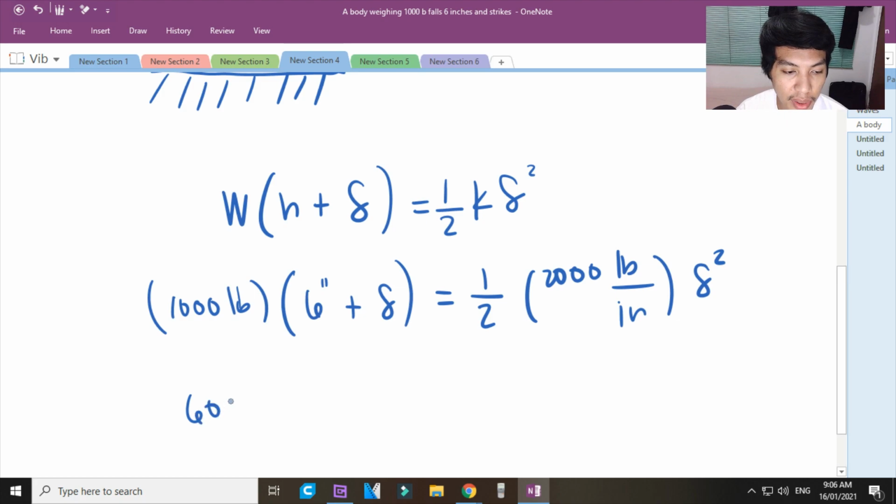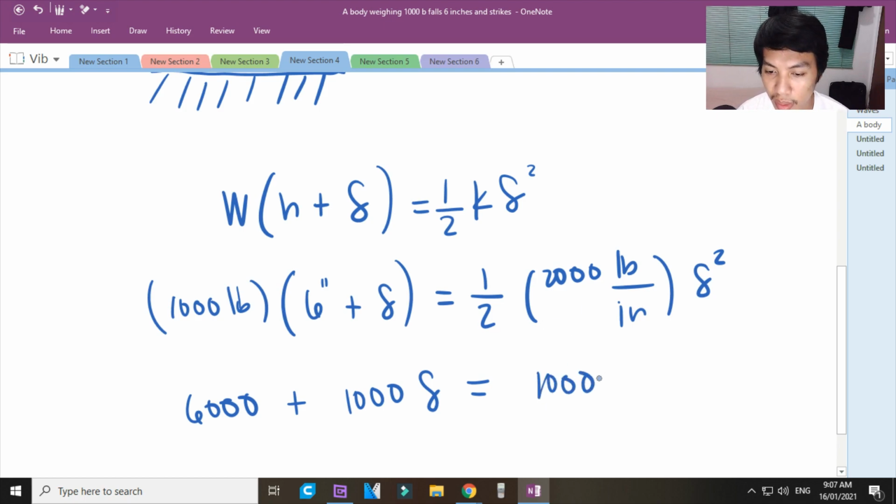Now, simplify natin. Magiging 6,000. Tanggalin natin yung unit, pound inch na yan. Plus 1,000 ng deflection. Tapos divide natin to ng ano? Divide natin ng 2, bali 1,000 pound per inch, tapos naka-square to.